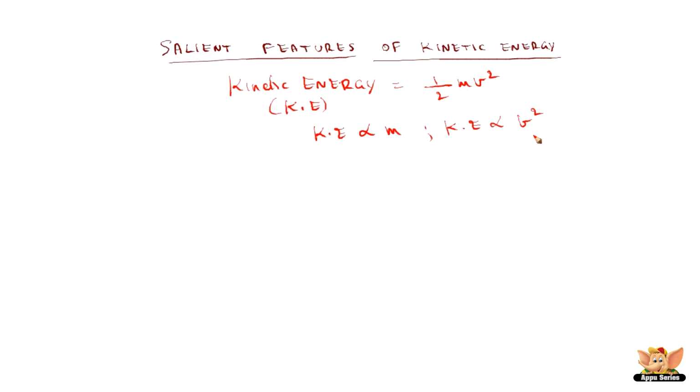It means that if the mass of the body is doubled, let us say m becomes 2m and velocity remains the same, velocity is v, then what happens to kinetic energy? It becomes half into 2m v square, so it becomes mv square.